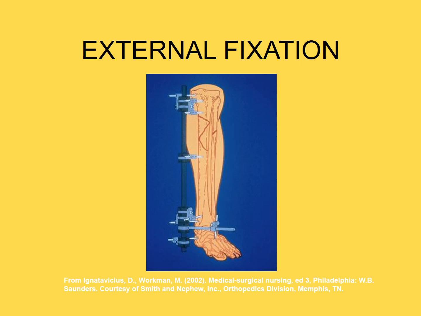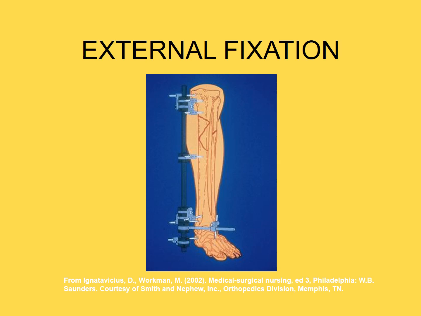So really difficult and really puts the patient at risk for infection, right? So with the external fixation, an external frame is utilized with multiple pins that are applied through the bone. It provides more freedom for movement than with traction. But clearly, you know, the patient is at risk for infection.